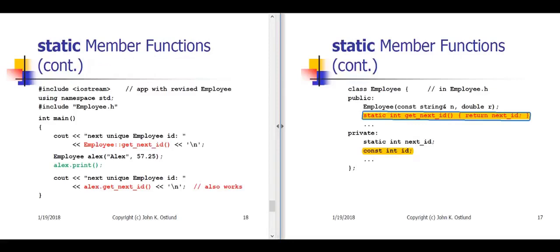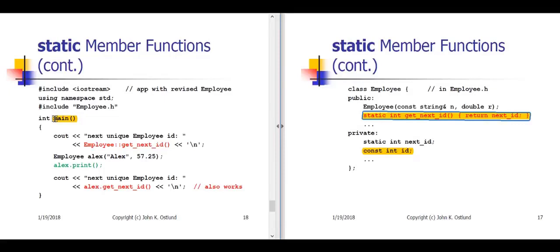Here on slide 18, we have an example program making use of our modified employee class that has this static member function named getNextID. In this program, when we run the program and main is called, as we know, that static int data member nextID is allocated in the static data area and initialized with 1 even before main is called.